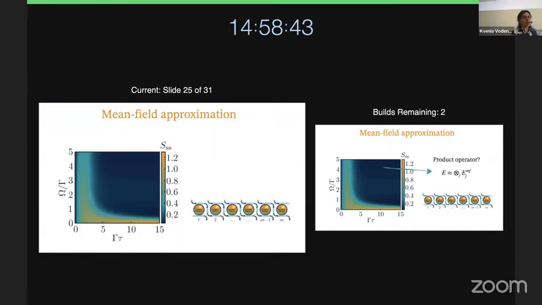And our answer is yes. There is a regime in terms of the driving omega of our system and the delay time tau. In this regime, we observe very small entanglement entropy, which means the correlations are very small. And we wondered whether, in this regime, we can approximate our operator for the cascaded chain as a product operator. And we use the mean field approximation for that.